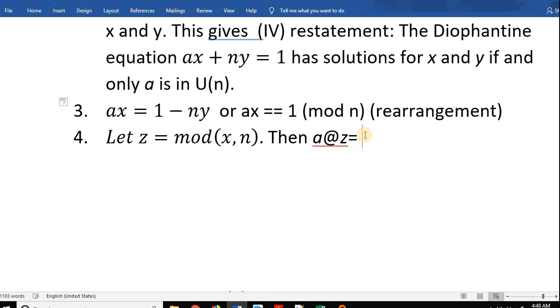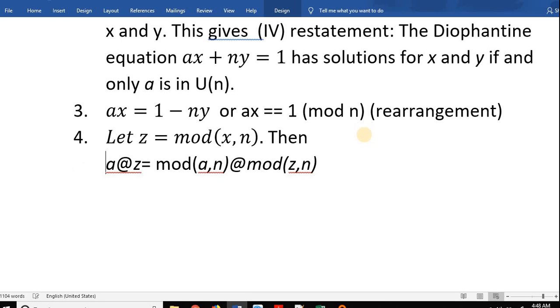Okay, so then mod a at z, n is equal to mod a, n at mod z, n, and then this is equal to mod az, n.